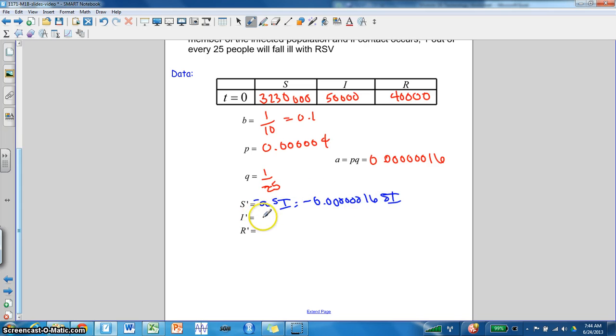I prime was ASI minus BI, so that is the same number as before, just positive, and then minus now 0.1 I. And then R prime is B times I, so it's 0.1 times I. So these are the rate equations we're going to be working with.